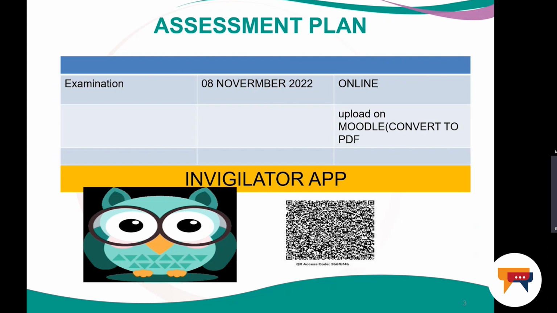Your examination script will have a QR access code. Remember, this is an invigilator app module. I'm going to stress it right through. You will be penalized if you don't upload on the invigilator app, if you don't register on the invigilator app. Please register on the invigilator app.